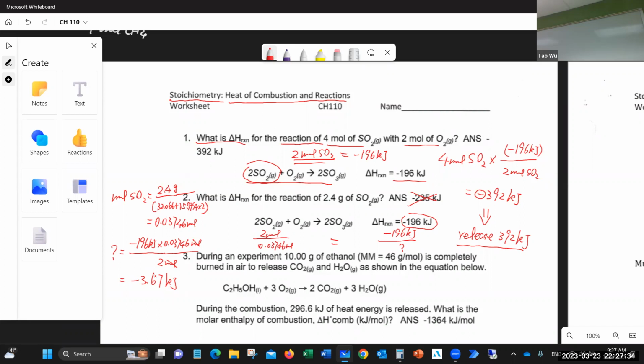What is the sign? Make sure you know the sign. Make sure you understand the sign related with endothermic or exothermic. Yeah, so this is pretty much what we're going to do. Those 7 questions. All right, so this is what we're going to have for the homework.